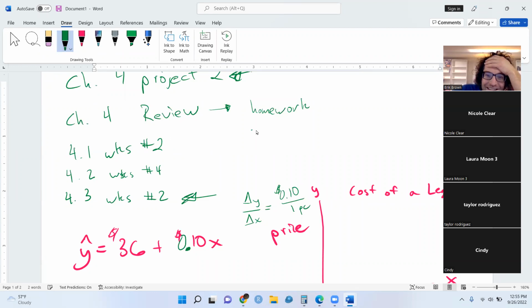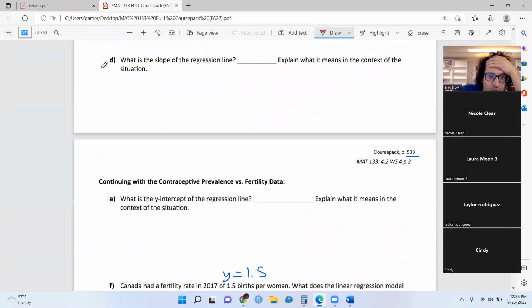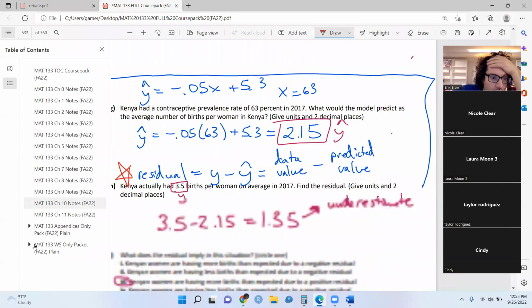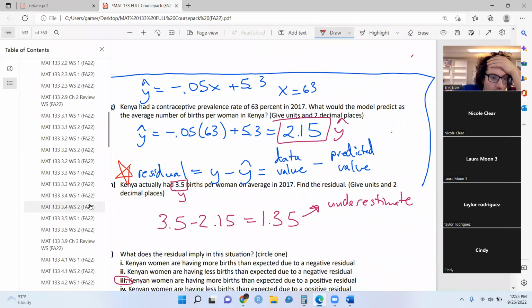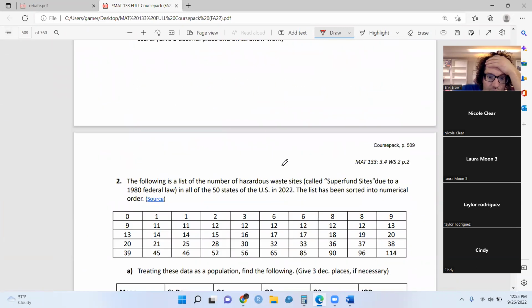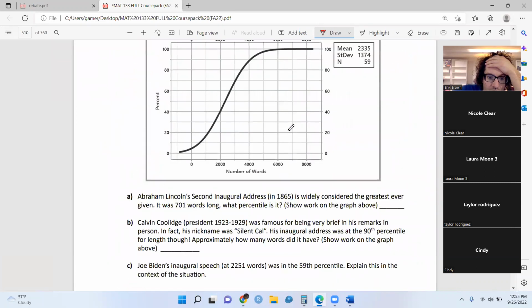You go over that one. Okay, so 3.4 worksheet. Which one? Worksheet number 2. I'm pretty sure we did that in one of the videos. Am I right, y'all, or did we not? I'm pretty sure we did do that whole worksheet. Let me double check. Yes, we did. We did all of this, and we did this one on Wednesday.